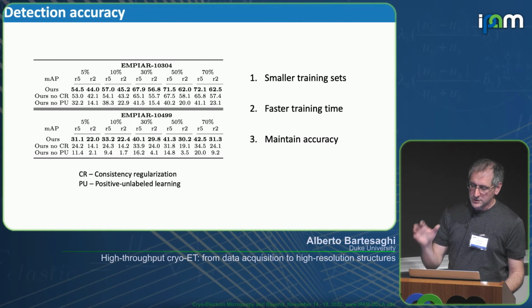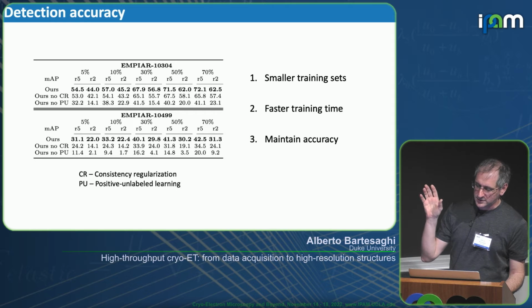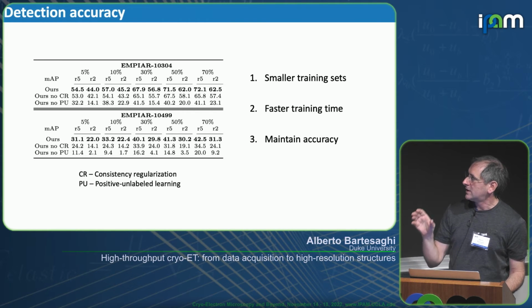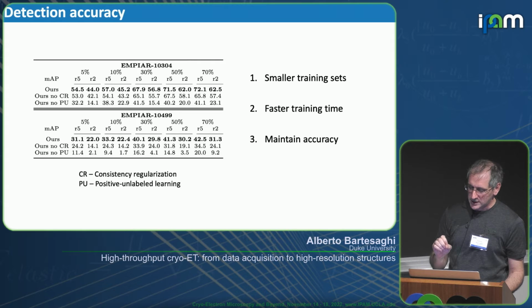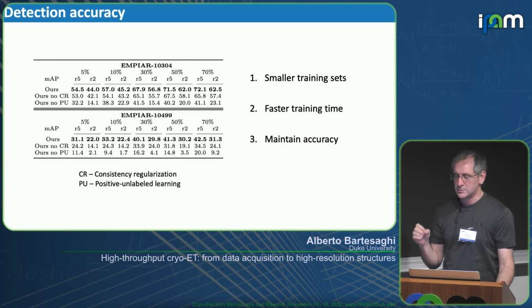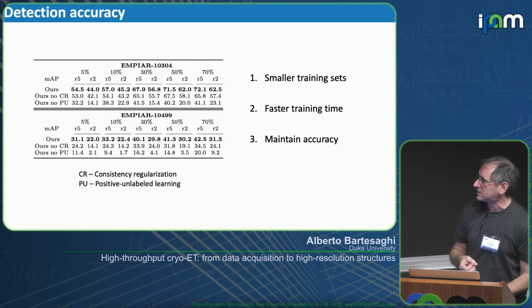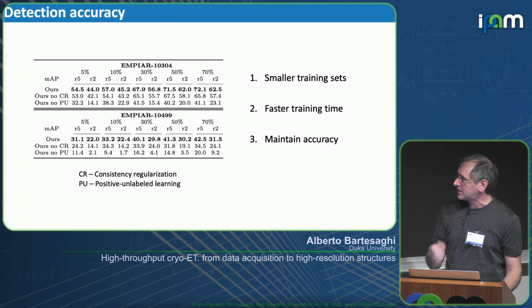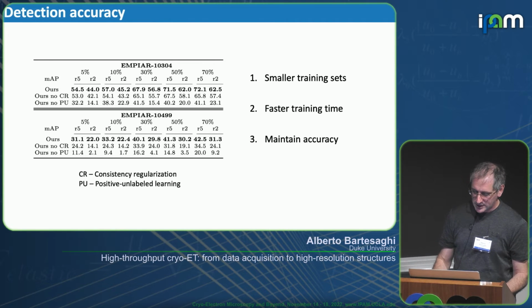So the bottom line is that we can train these networks using very small training sets, meaning that we can train them faster and spend less time doing annotations, and we can do this without giving up too much on accuracy. Yes, we're going to take some hit in accuracy, but it's not going to be that much.